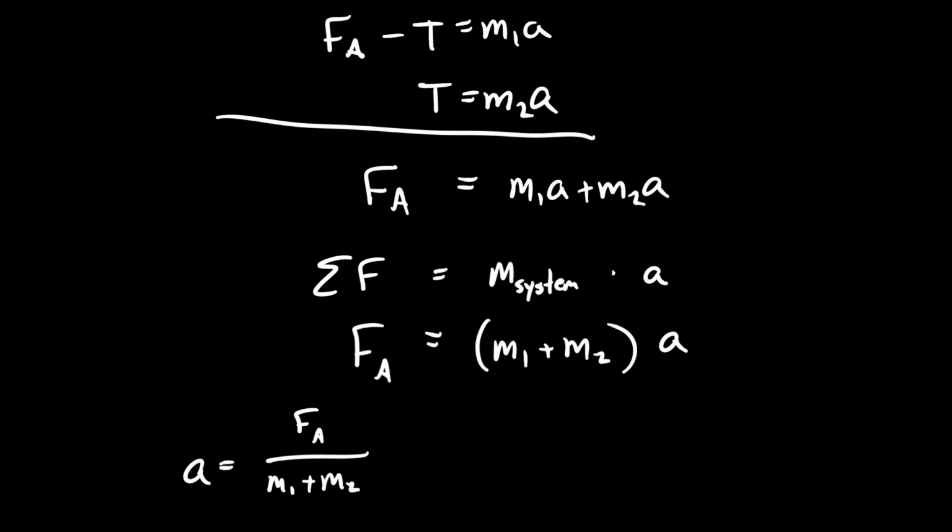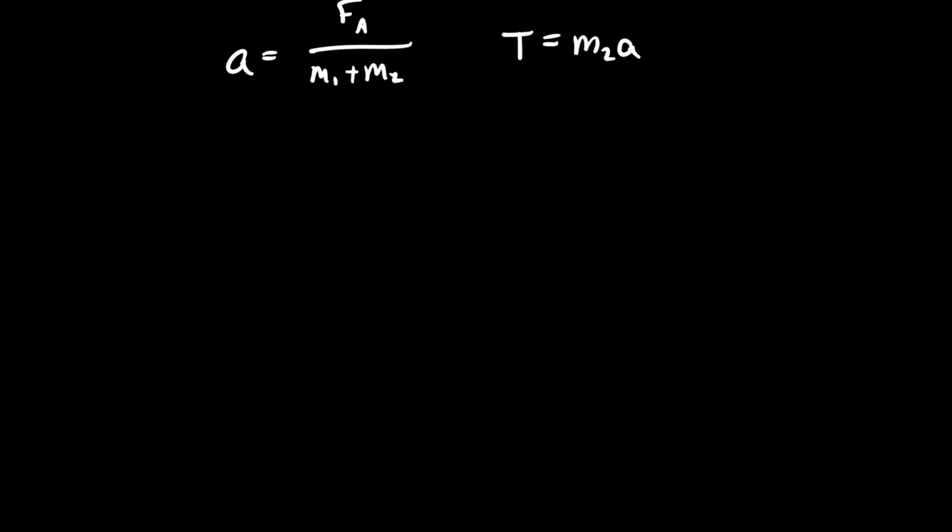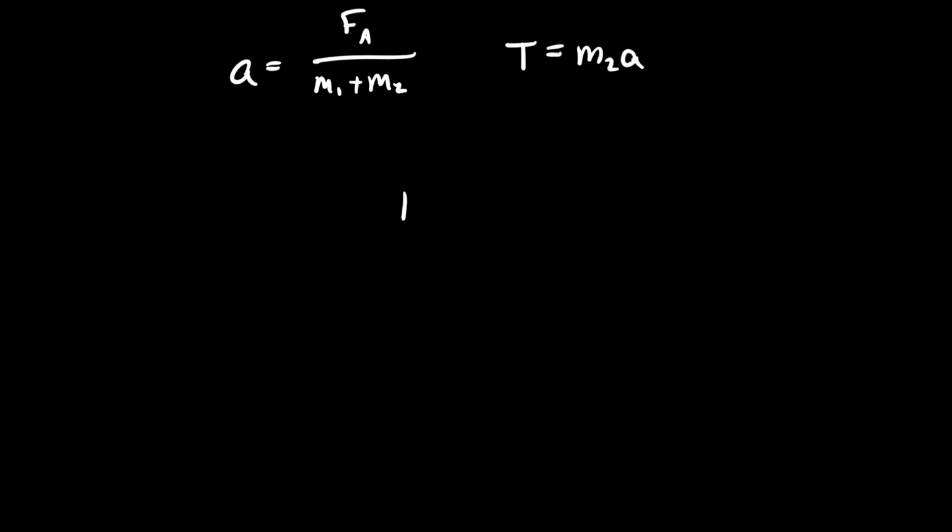I do want to, though, do some substitution, and I want to find the tension. I'm going to use this particular expression to find the tension because it's so easy. All I got to do is substitute. So I'll find the tension equals M2 over M1 plus M2 times FA.